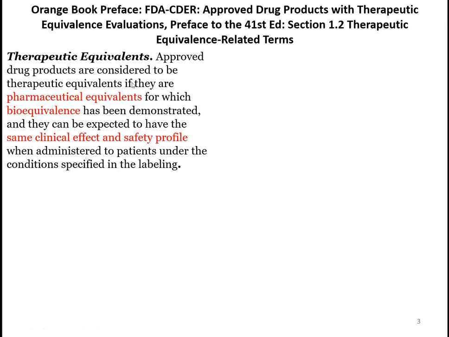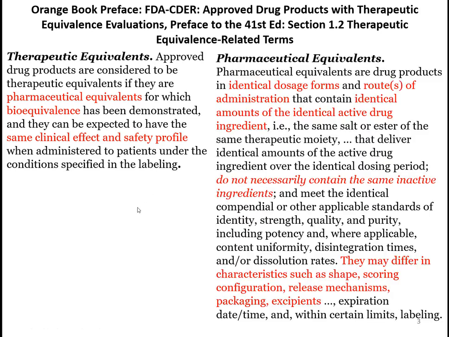First, approved drug products are to be considered therapeutically equivalent if they are pharmaceutically equivalent and bioequivalence has been demonstrated. And then it's assumed that they will have the same clinical effect and safety profile. So let's drill down a little bit into that and see what they say about pharmaceutical equivalence.